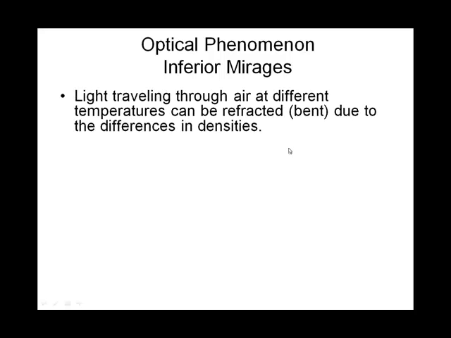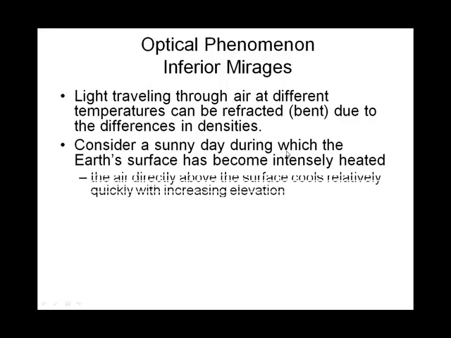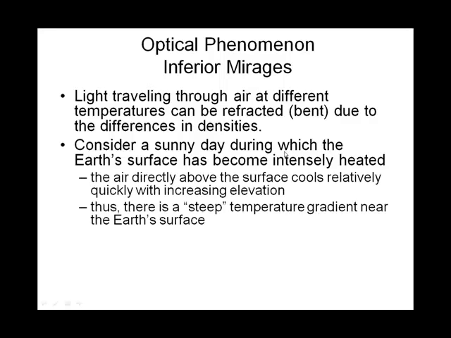Actually, we have now two mirages, and both mirages have to do with refraction. We're going to start with the inferior mirage, and this one is the most common one. Inferior mirages count on air being different temperatures quite quickly.